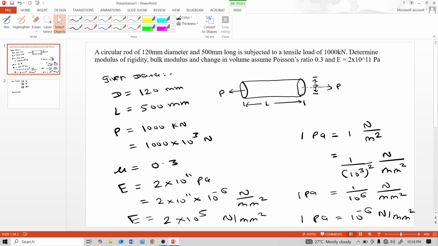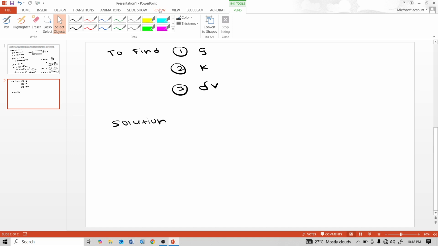See here, E is available: E is equal to 2 into 10 raised to 5 Newton per mm square. Mu is also available, 0.3, and remember there is a relationship between Young's modulus, shear modulus and mu. So use this formula.